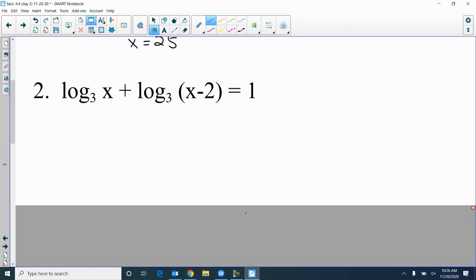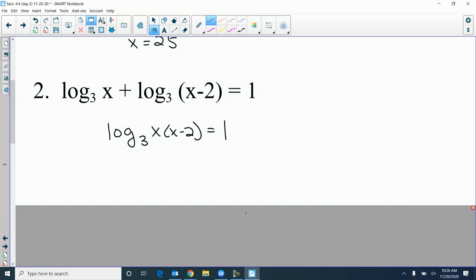So you have to use our properties to condense that. If you have a sum, what do we do to condense it? We multiply. So now this becomes log base 3 of x times x minus 2 equals 1.